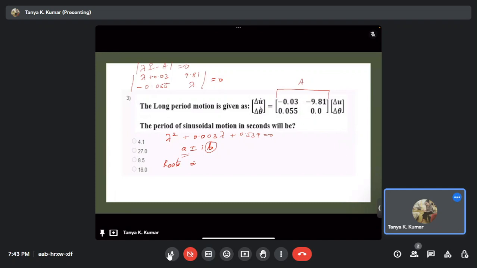What is A and B? Just find the roots of the equation.